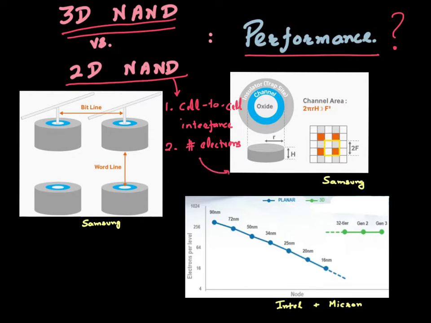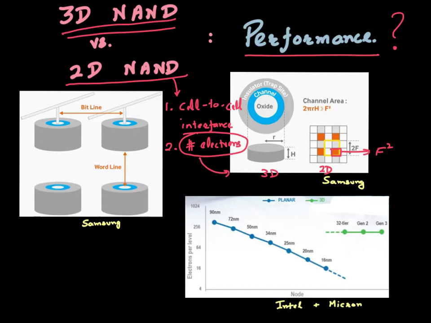So if you look at the 3D NAND flash memory, how does it solve the number of electron problem? Well, 2D NAND flash has a feature size of F, so the area available to store charge is proportional to F squared. On the other hand, in 3D NAND flash memory, you have a much larger surface area available to store charge.